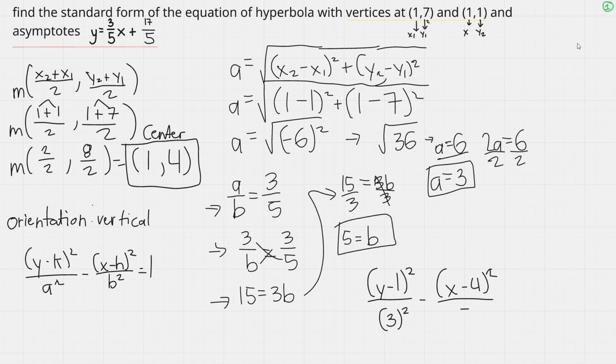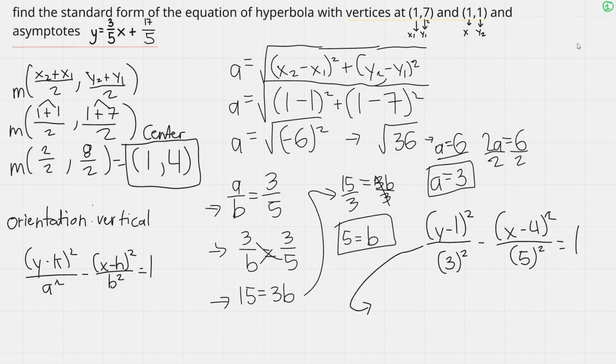We are given 5. So 5 squared equals 1. Now let's simplify our denominators. We have (y minus 1) squared over 3 times 3, 9, minus (x minus 4) squared over 5 times 5, 25, equals 1. So this is our standard form.